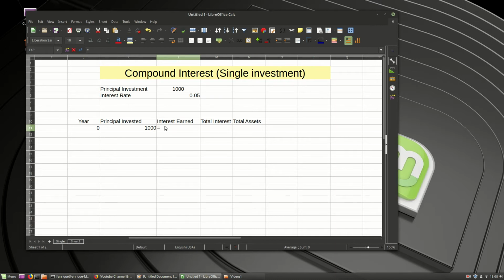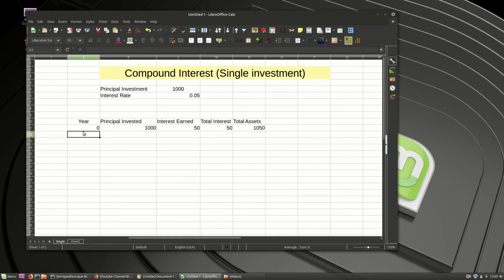It's just going to be the principal investment times L6. So our total interest, since we hadn't made anything to begin with, it'll just be that same $50. And then the total assets, it's just going to be that $50 plus the principal that we've invested. Made a little mistake here, sorry about that.